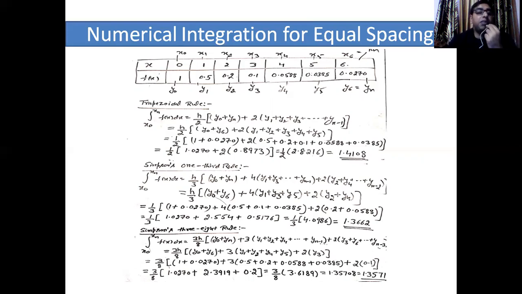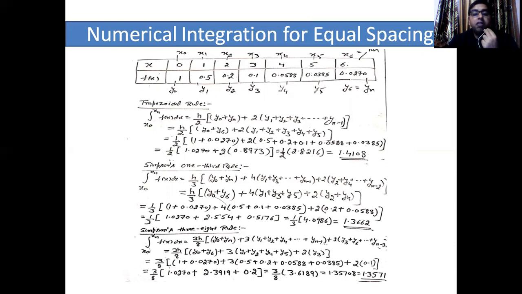This is the basic difference between these three formulas, and a very important one for interview questions. The trapezoidal rule is applicable when the number of intervals is a multiple of 1, which means any interval.